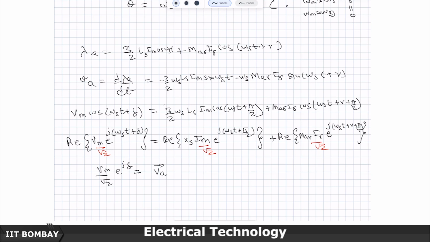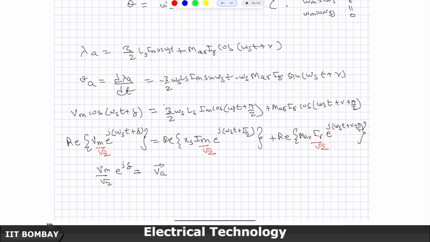Here, e to the power j omega s t plus pi by 2 can be written as the product of two terms, e to the power j omega s of t into e to the power j pi by 2, but e to the power j pi by 2 is nothing but the imaginary unit j, the square root of minus 1.